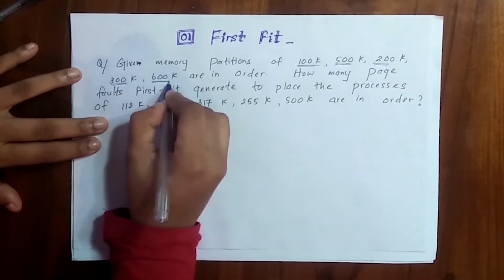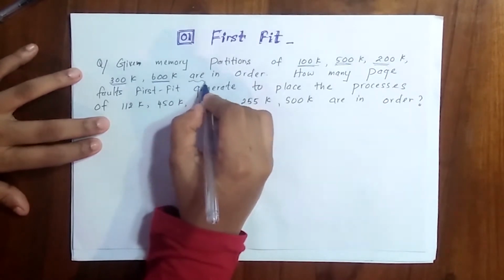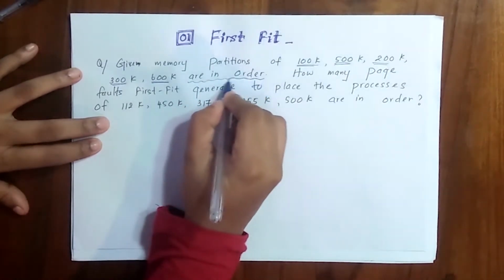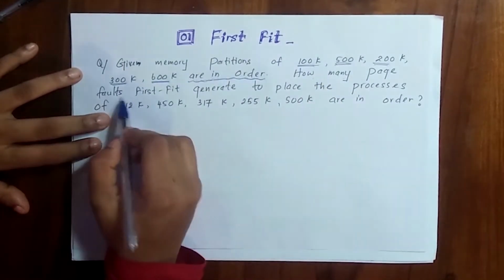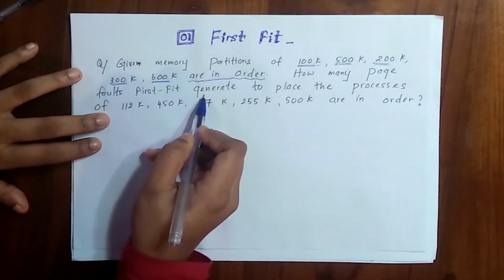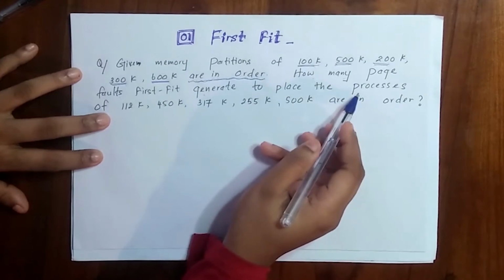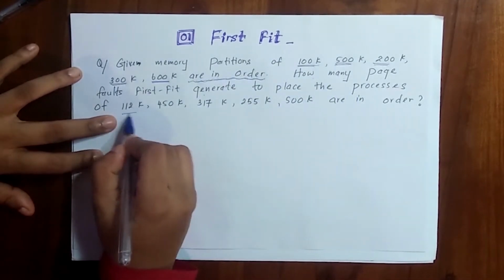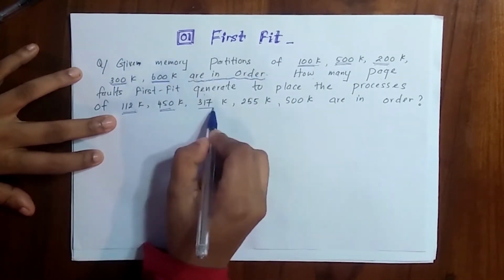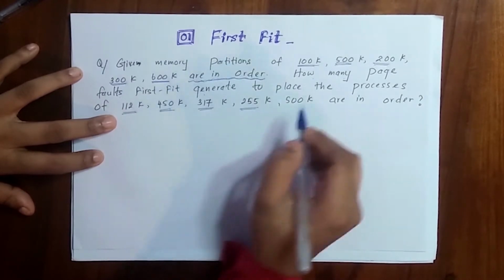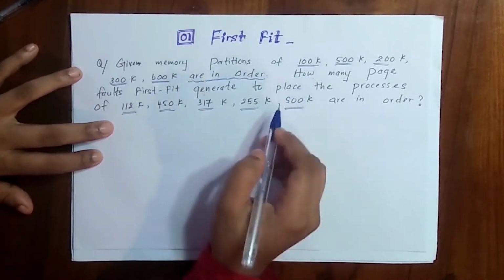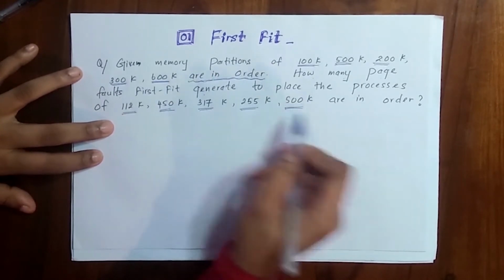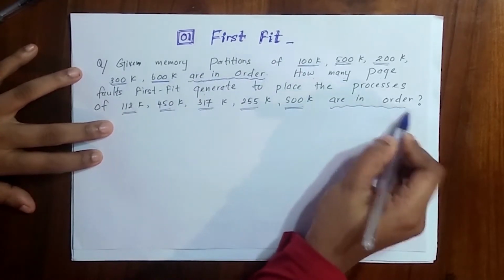There are 5 partitions and they are in order. You have to keep this in mind. And how many page faults does first fit generate to place the processes of 112, 415, 317, 255 and finally 500. So there are 5 processes and they are also in order.